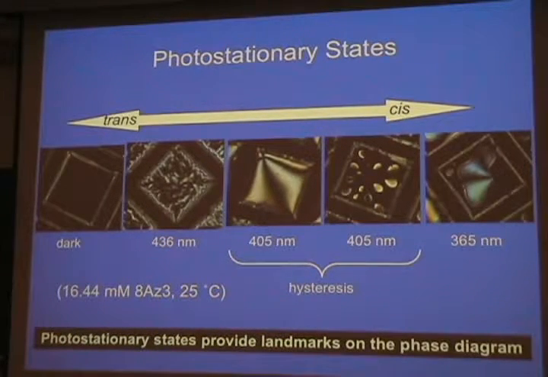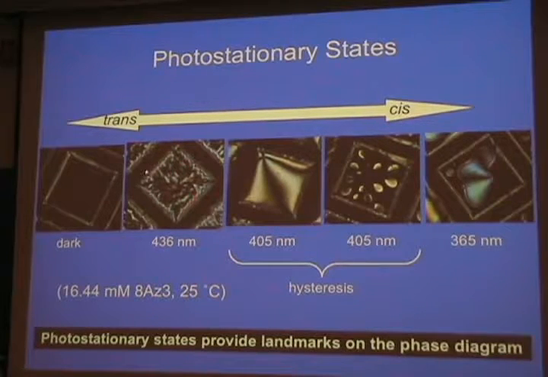So if we look now not at dynamic changes that happen when we instantaneously change the wavelength, but at photostationary states at different wavelengths, we see a very similar sequence of phases. In the dark, in the all-trans form, we see homeotropic anchoring.